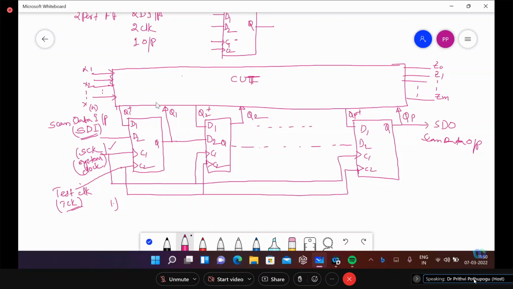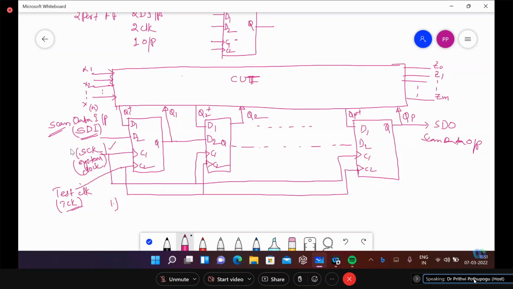The updated values will already be available to the system, so you directly get the new values of the output with the updated values of the status. When you are testing, we need to have the scan data input. After the response of the scan data input is generated, the updation of the status happens by the application of a system clock.